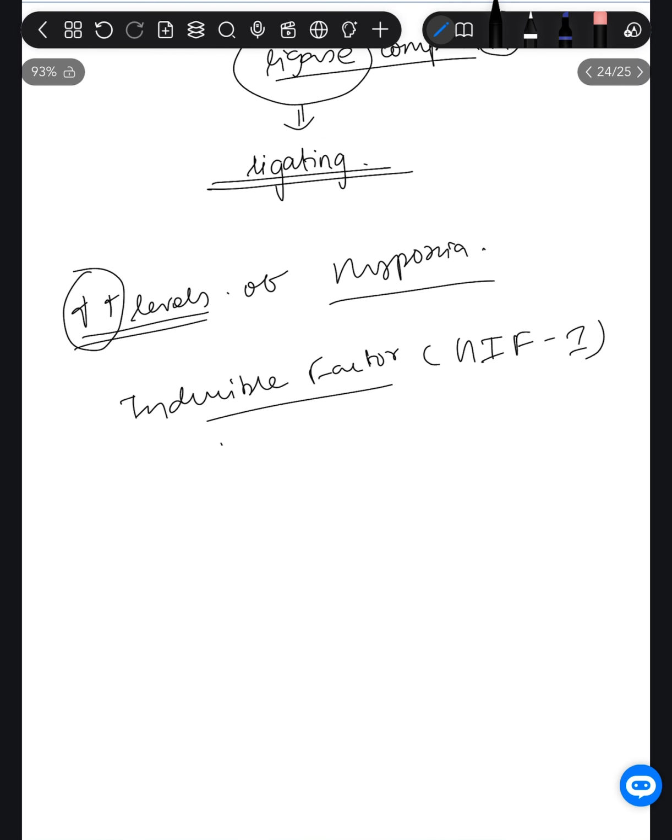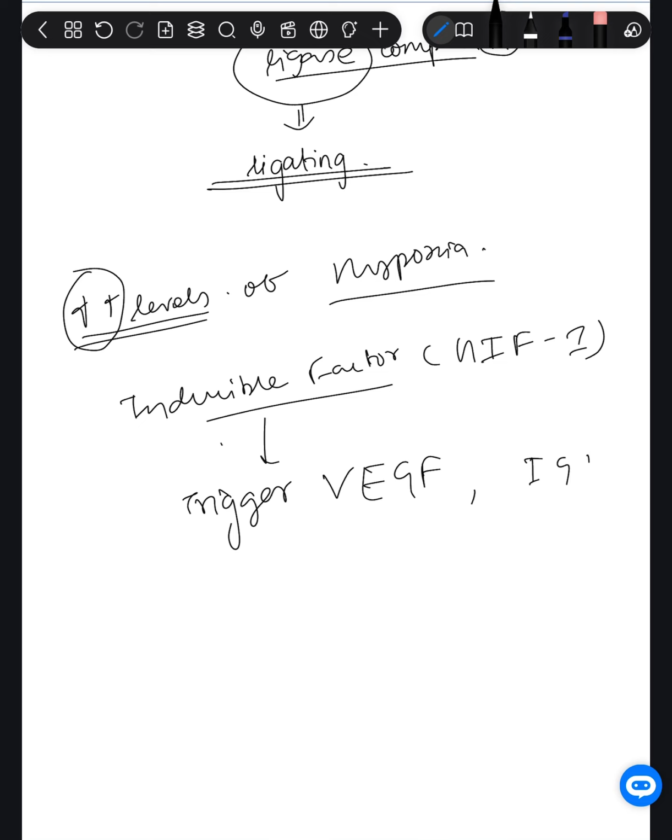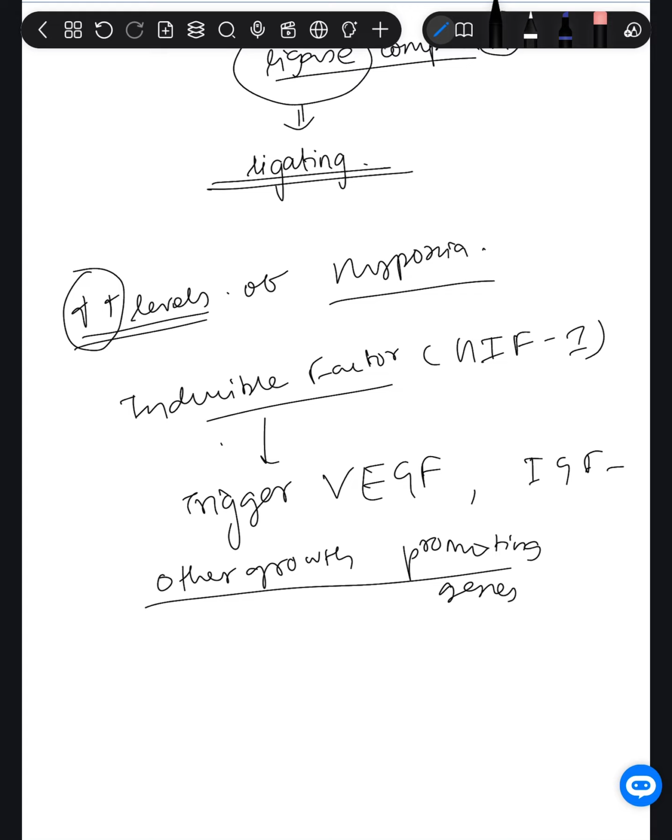And there is no hypoxia going on, but still there is an increase in HIF1. This will trigger VEGF and IGF, which means insulin-like growth factor. Then we have other growth promoting genes. I hope I made it clear.